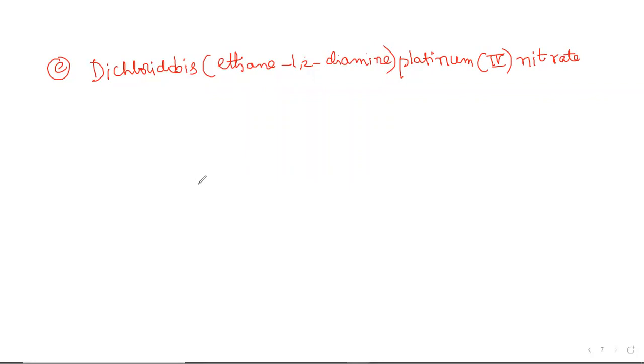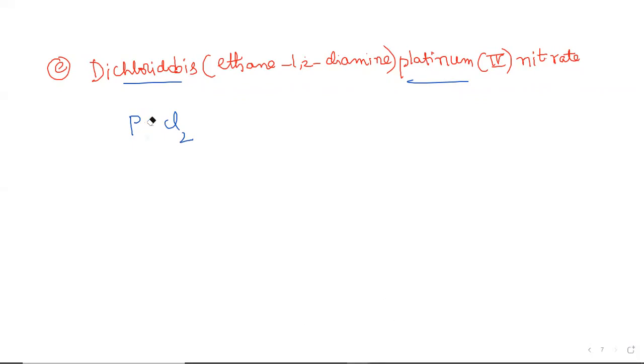So it is very clear whenever we have a question like this, platinum is the central metal in the complex. So we will write platinum, Pt, associated with dichlorido, which means there are 2 chlorine atoms.